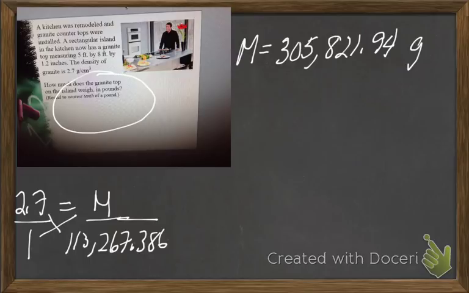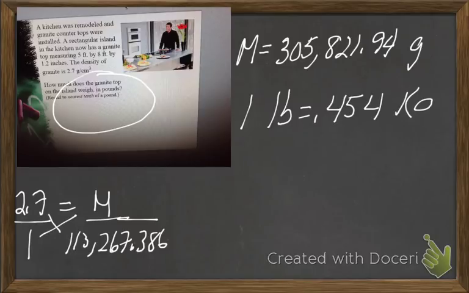Okay, so now we have to convert grams to pounds. So first of all, if you look at the reference sheet, it's going to say that 1 pound equals 0.454 kilograms. But we don't want kilograms, we want grams, and they don't give you a formula for grams.